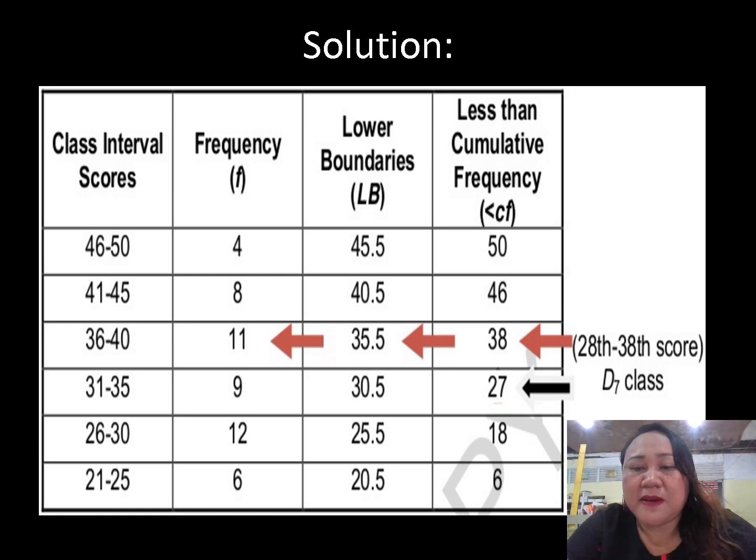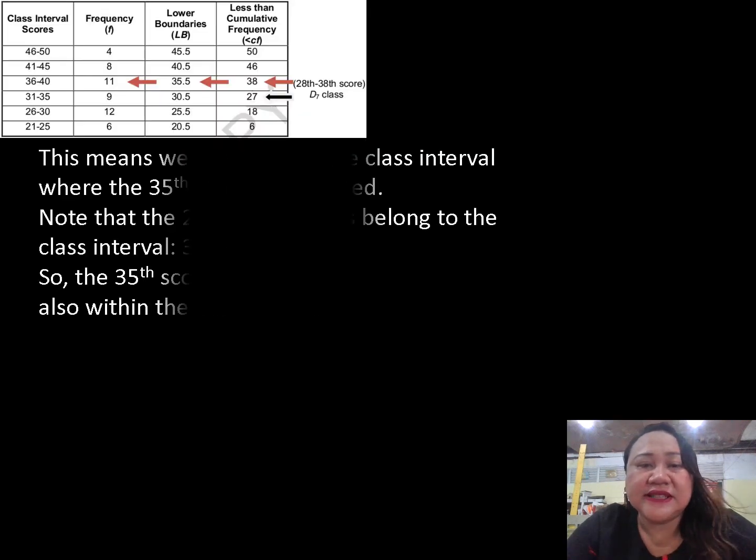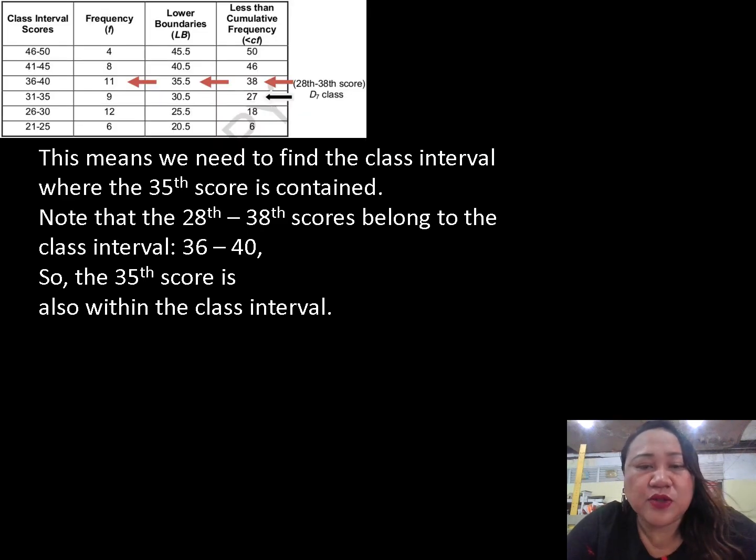Since the problem is to get D sub 7, we look for the 28th to 38th score in between, so that we could find the D sub 7 class. Going back to the question, this means that we need to find the class interval where the 35th score is contained.